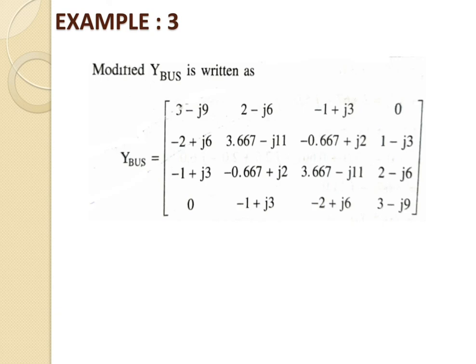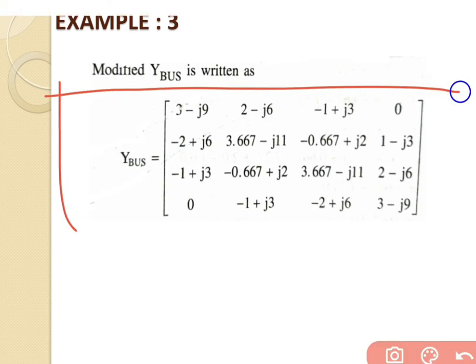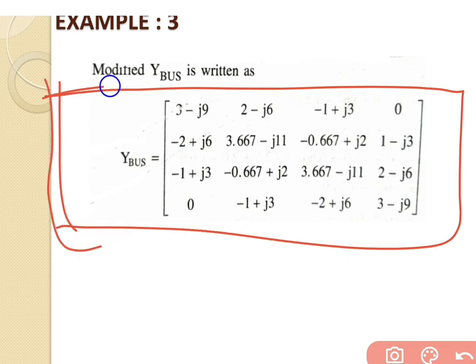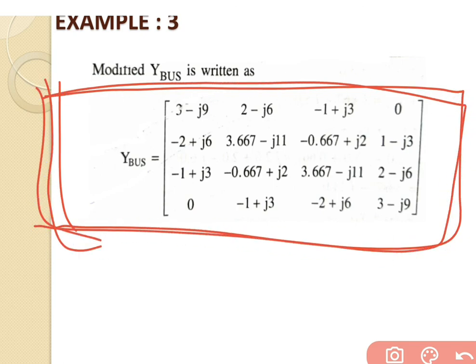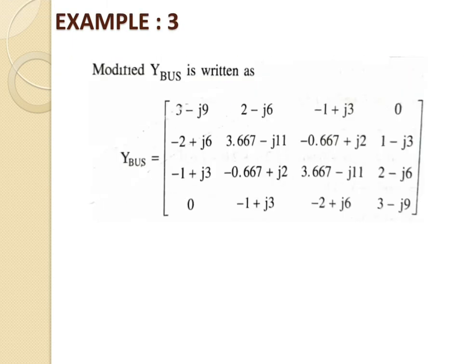Fourth row, 0, minus 1 plus j3, minus 2 plus j6, 3 minus j9. So this is the new Ybus that we get for case number 2. This is the finishing of example number 3.